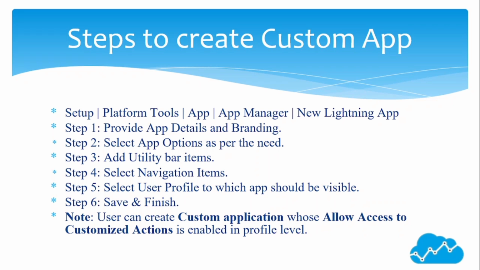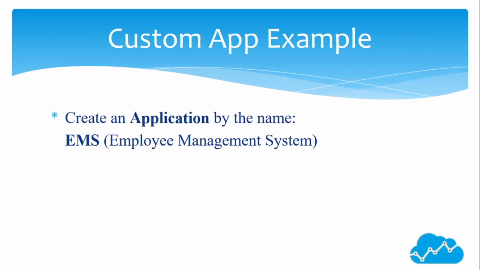So if someone is not able to create a custom application, he or she needs to verify whether allow access to customized actions is checked or not. Custom app example: we are going to create an application by the name EMS, Employee Management System. Let's do the practical for this.